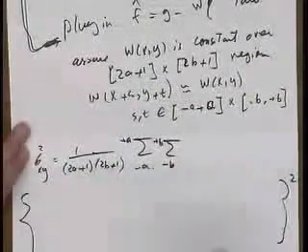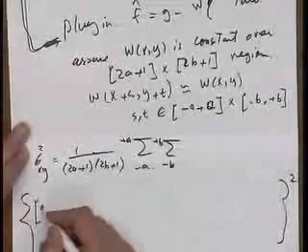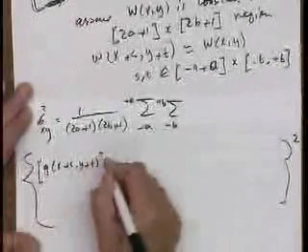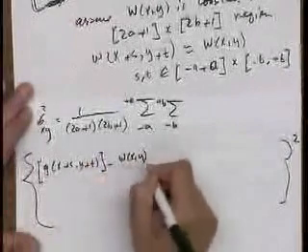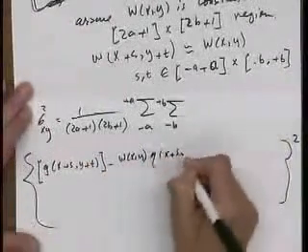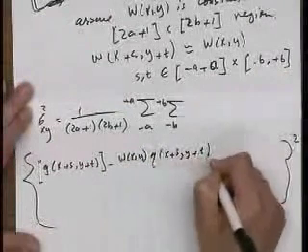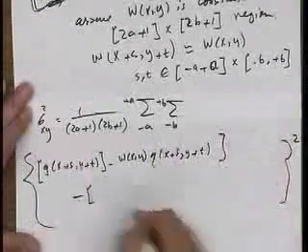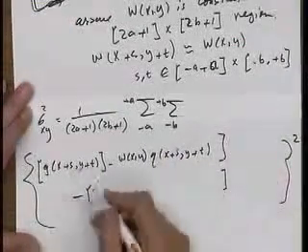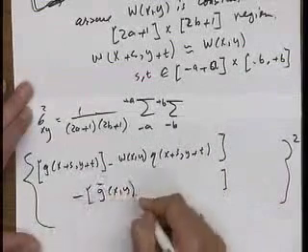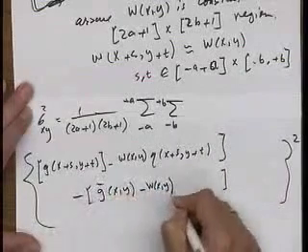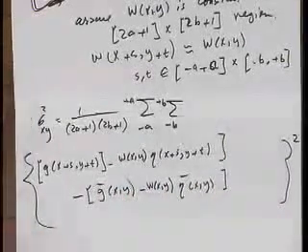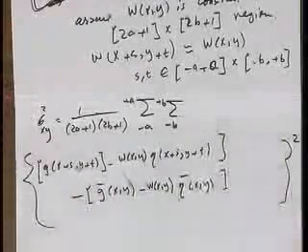And the following thing is g of x plus s comma y plus t, minus w of x comma y times eta of x plus s comma y plus t, minus a square bracket, g bar of x comma y minus w of x comma y times eta bar of x comma y.